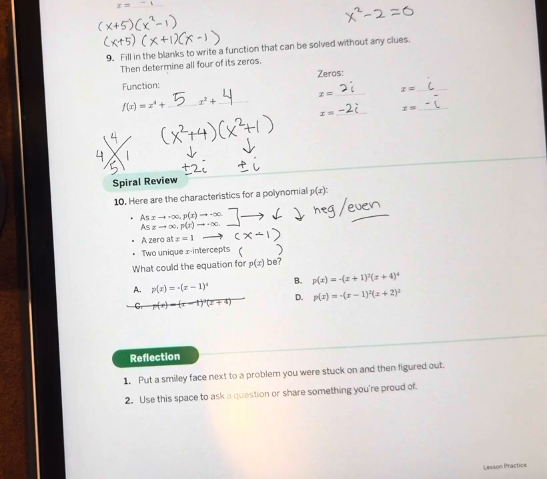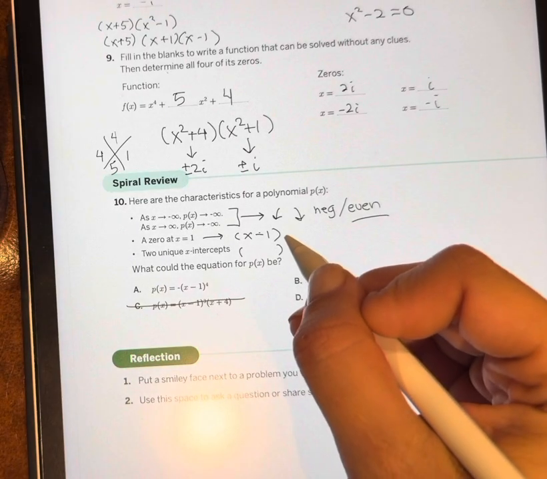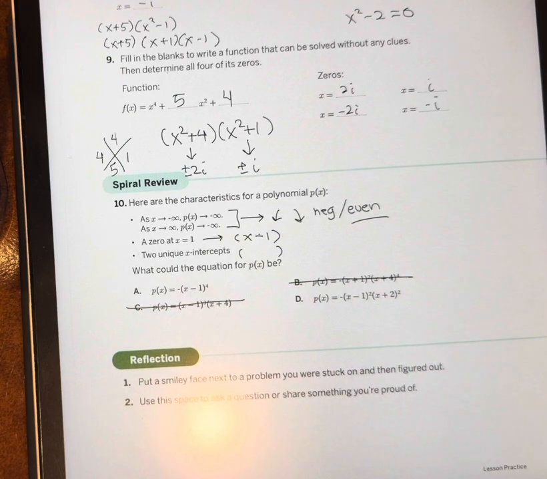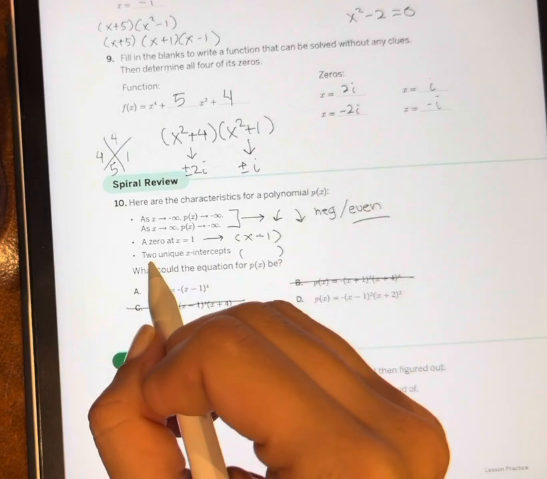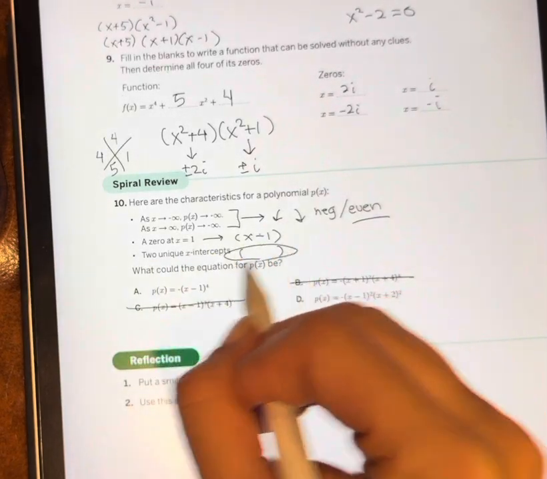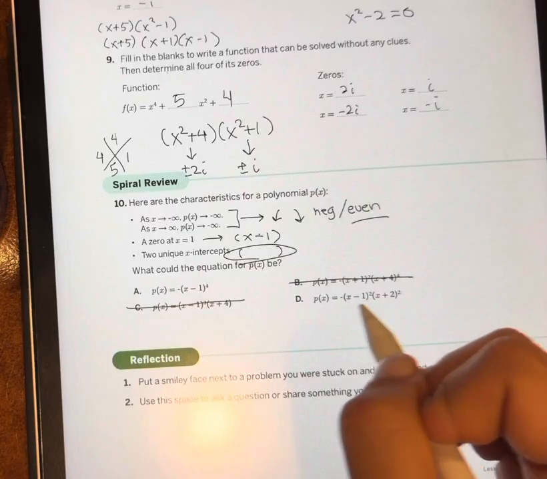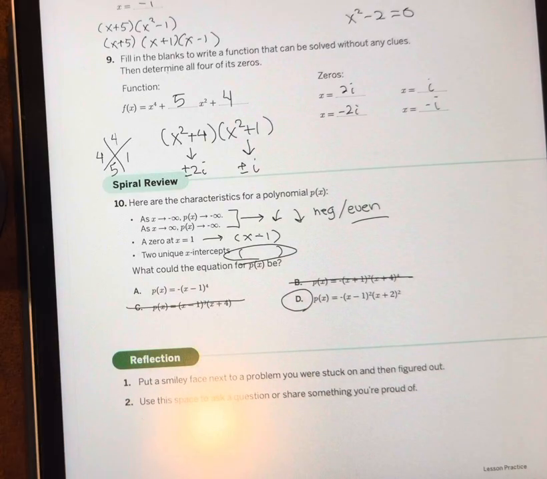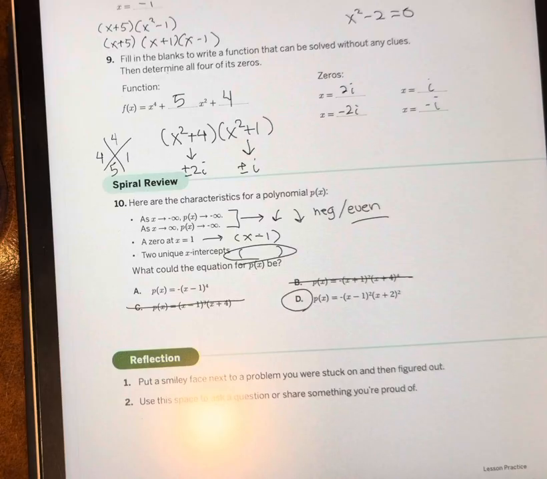I need x minus 1 to be there because there's a 0. So this guy is out. He doesn't even have x minus 1. And now between a and d, if it has 2 unique x-intercepts, it would have some other factor like d does, but a does not. So that's the one. Okay, guys, good luck. Peace out. I am done.